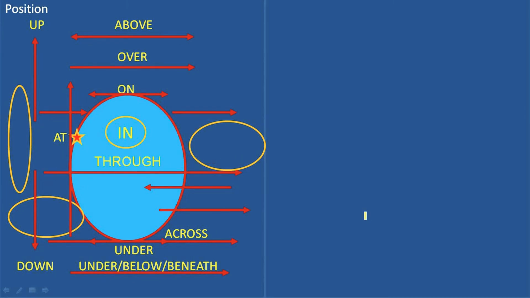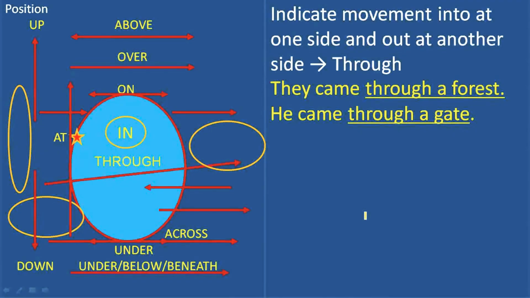When something goes within something from one side to another, that time we use through. Here we notice an arrow is moving. This comes from this side to that side. Okay. For example, they came through a forest. We came through a gate.